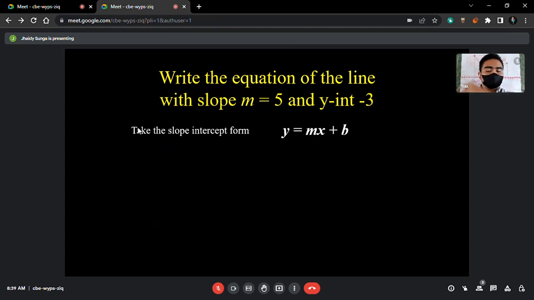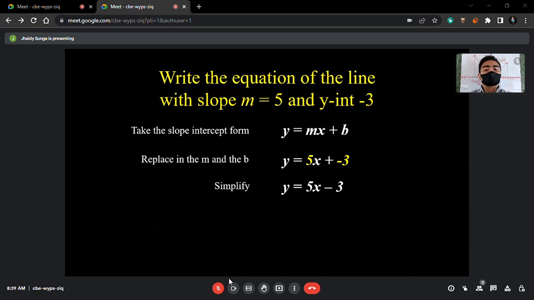We have the slope-intercept form, which is y is equal to mx plus b. We are going to replace the letters m and b by 5 and negative 3. We substitute, and after we substitute them all, we simplify.